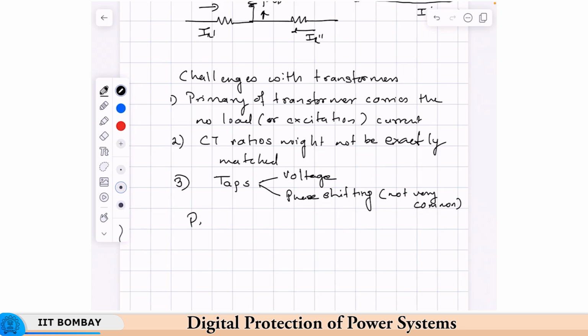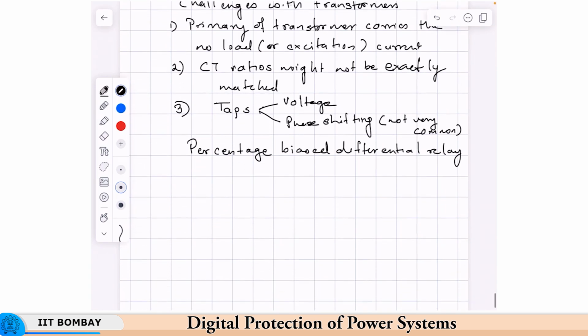Okay. So to take care of these, we use what is known as a percentage biased differential relay. In the earlier diagram, how these characteristics look like is that the slope could be made variable.